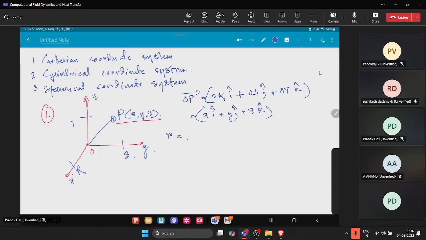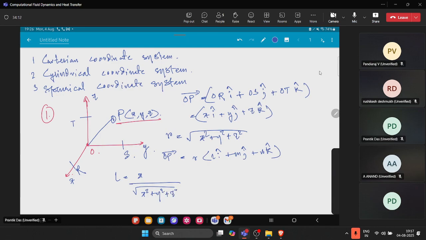Then defining the variable R, where R is root over x square plus y square plus z square, the OP vector is equal to R times l i cap plus m j cap plus n k cap, where l is x by root over x square plus y square plus z square, m is y by root over x square plus y square plus z square, and n is z by root over x square plus y square plus z square.